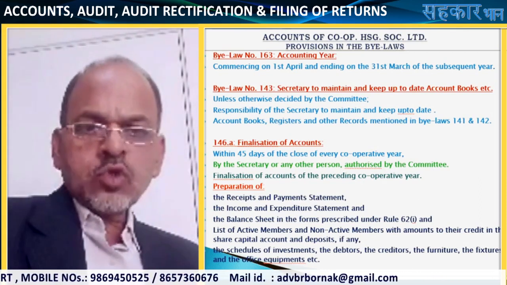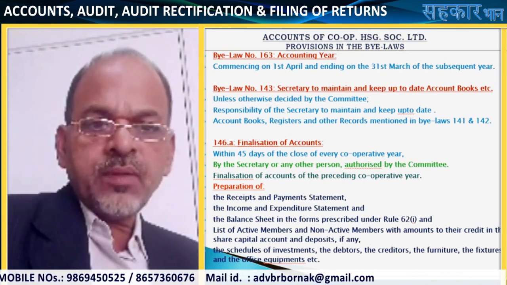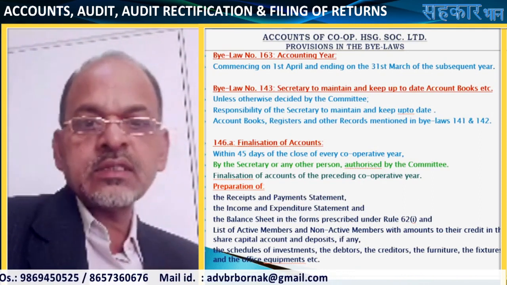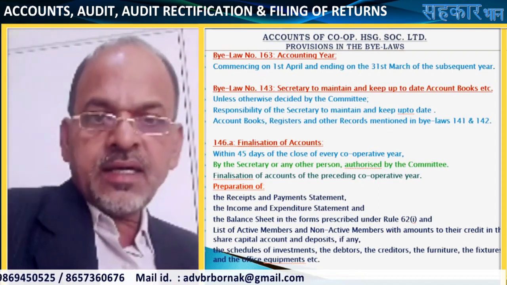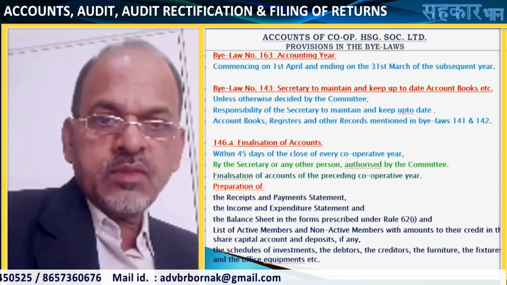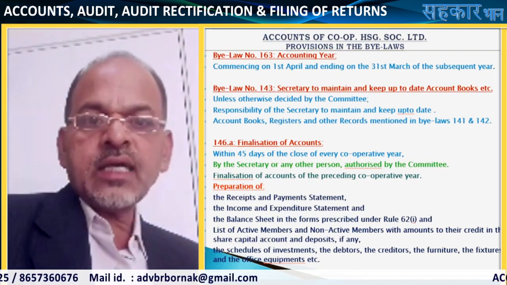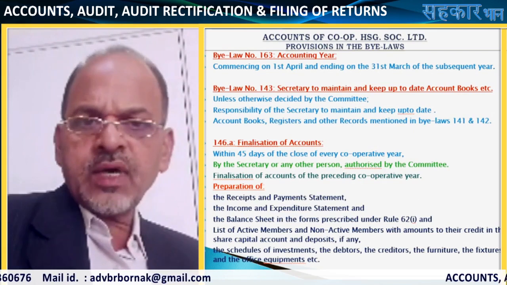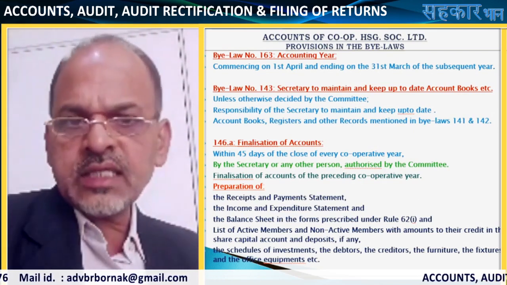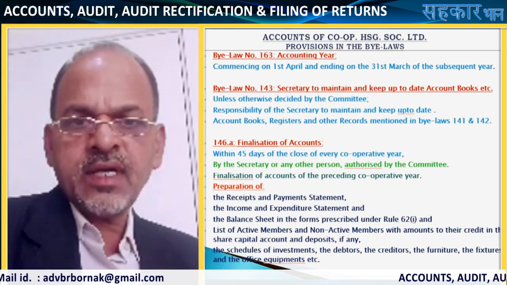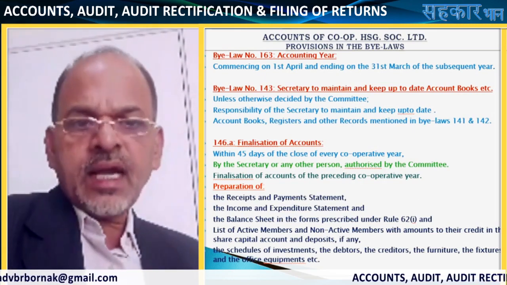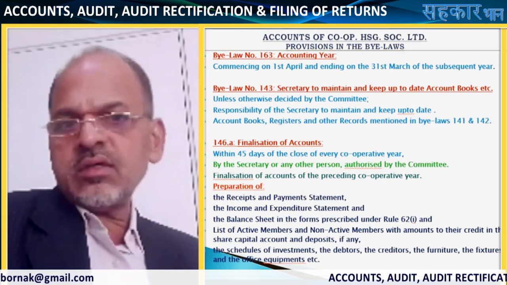Which are they? List of active members and non-active members with amounts to their credit in the share capital account and deposits if any. The societies are also required to prepare a list of active and non-active members because that is mandatory after the amendment of the Maharashtra Cooperative Societies Act 1960, especially after the 97th amendment.